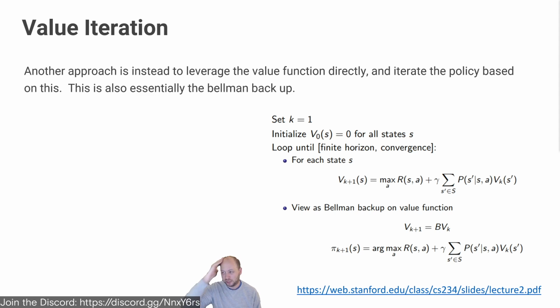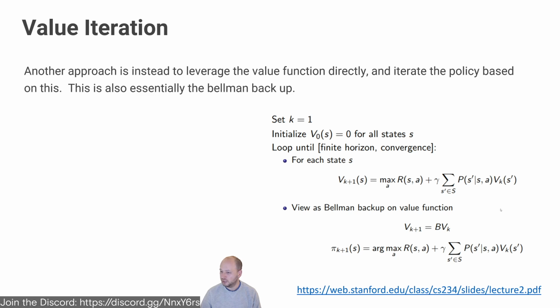You can visualize this as a tree: I'm here, and if I go here and here and here, these are the likelihoods of going to each one, and I sum those and take the expected value times the discount factor. You can see this as a Bellman backup operator on your V function. The operator is designated by B on V_k. And now your policy is explicitly dictated by this maximum, as shown below.